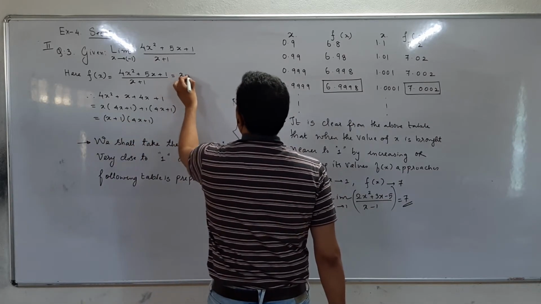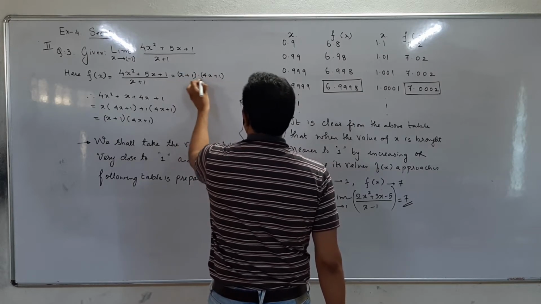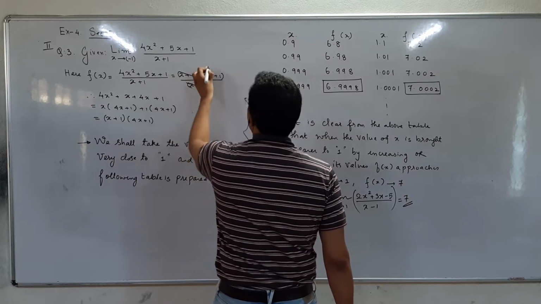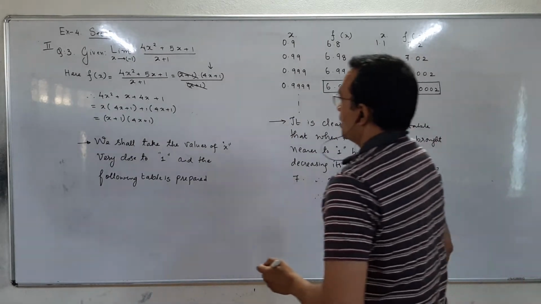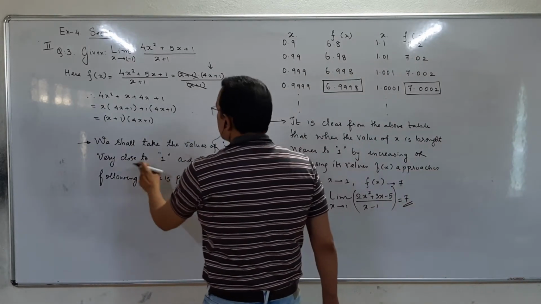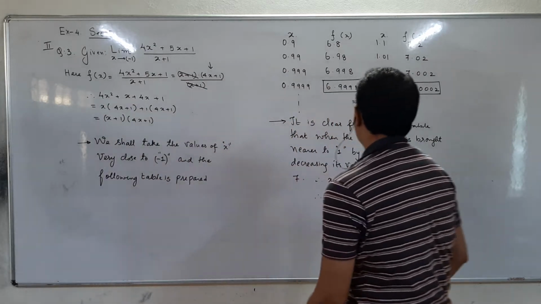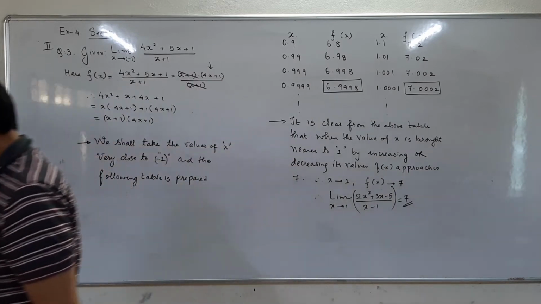So this changes to (x plus 1) into (4x plus 1) upon (x plus 1), which gets cancelled. So the net function is only 4x plus 1. So we shall take the values of x close to minus 1 and the following table is prepared. Now let us erase these values and make the table.